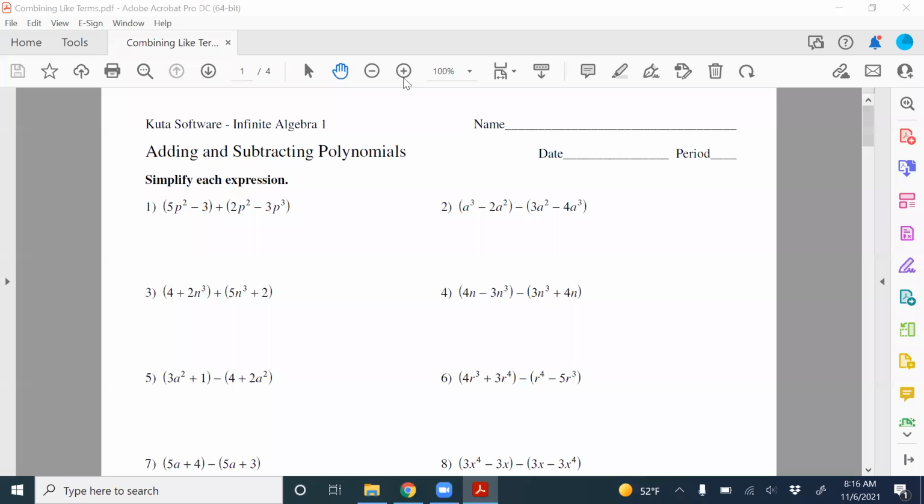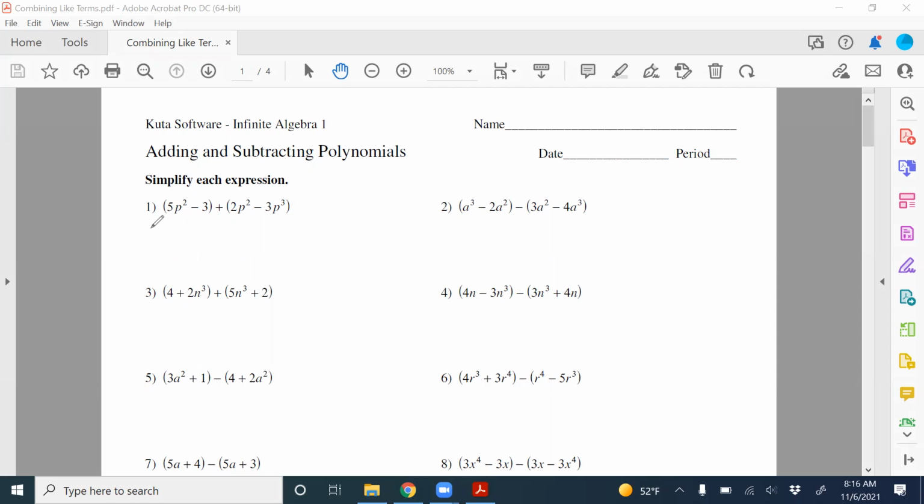So let's take a look at number 1. So you have 5p squared minus 3 plus 2p squared minus 3p cubed. Whenever you have a plus in between 2 groups, the first group in parentheses 5p squared minus 3, the second group in parentheses 2p squared minus 3p cubed, you actually could just remove the parentheses, because the plus is not necessarily distributive like a minus.